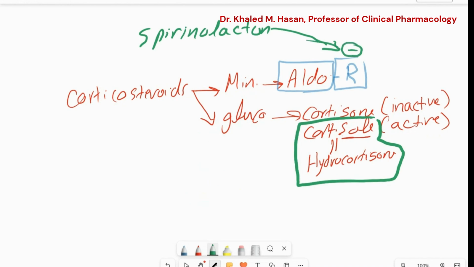Consider it like an aldosterone antagonist. So remember that, we need to type here a very important word, antagonist. I've seen that in the exam. Some students struggle with agonist and antagonist. When they say antagonist, it means bind to the receptor and block the receptor.